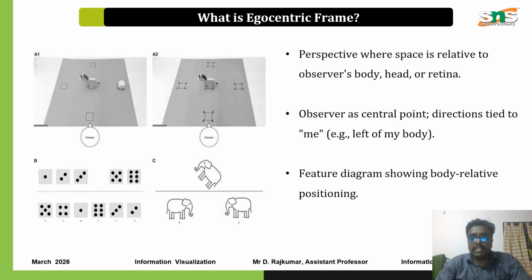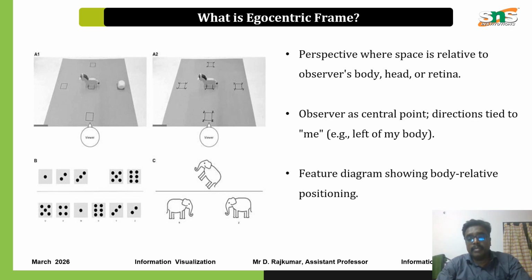For example, if I am sitting, there are several objects in close proximity to me, in several directions. Maybe it is to the left of my body, maybe to the right of my body, or in front of my body. The feature diagram shows the body-relative positioning.